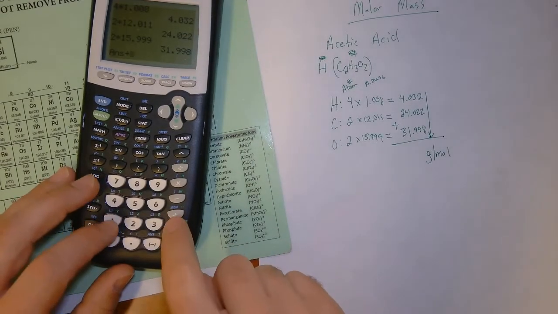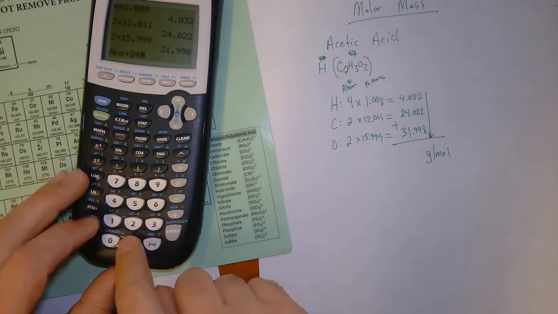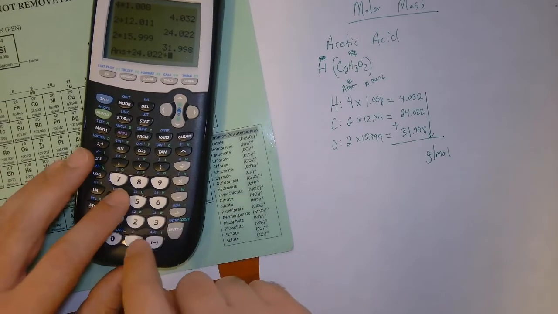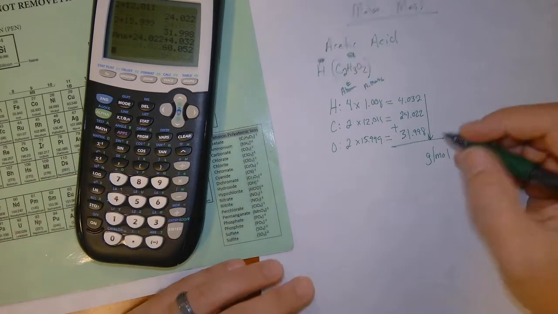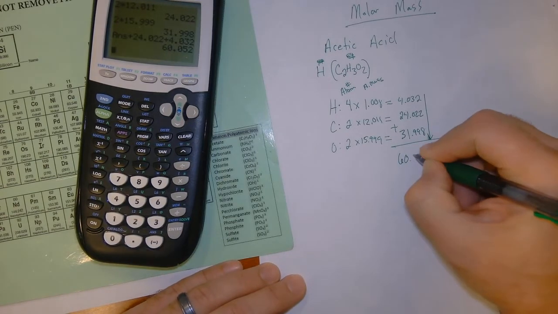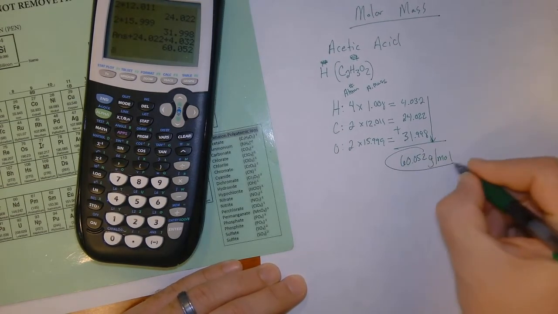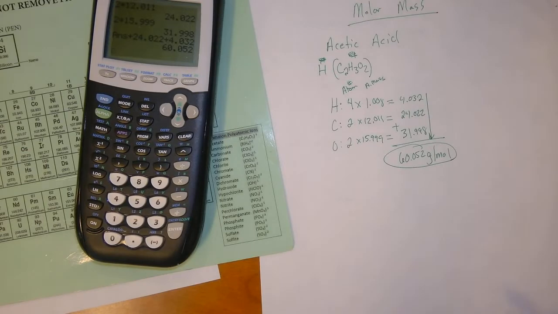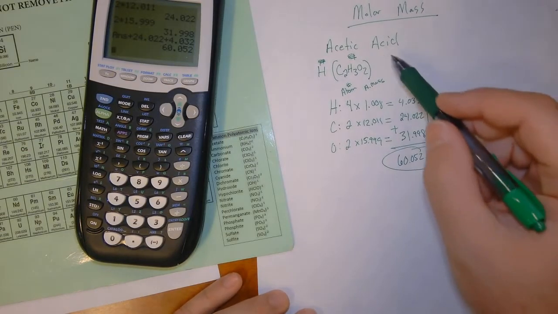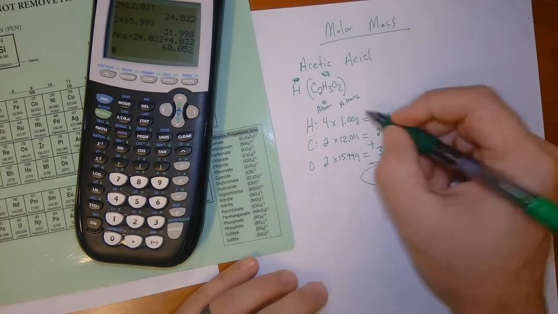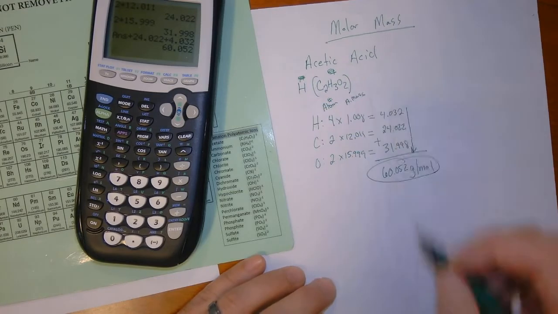So when I take 31.998 plus 24.022 plus 4.032, I get 60.052 grams per mole as the molar mass, and make sure you have that unit right for the molar mass of that.